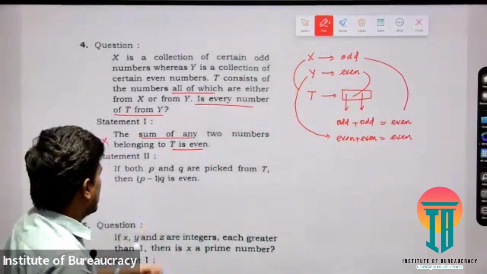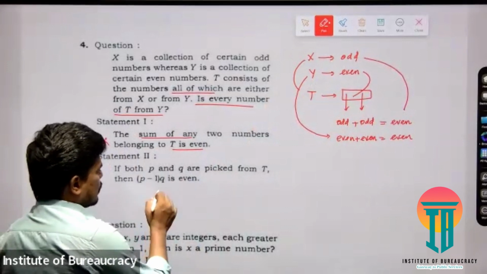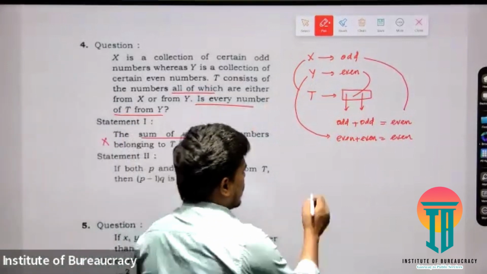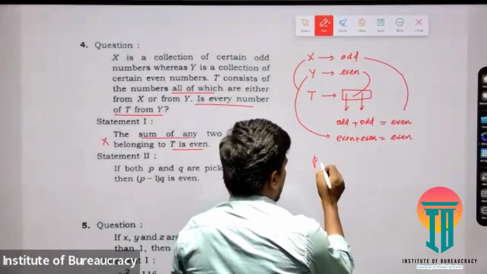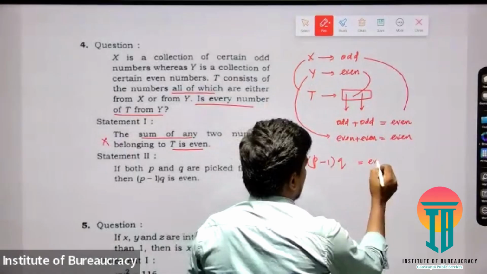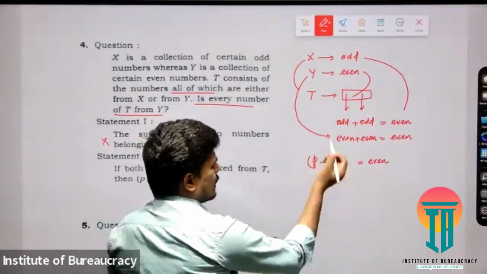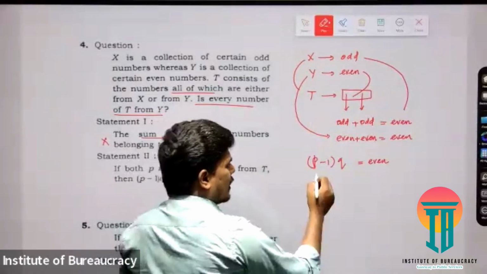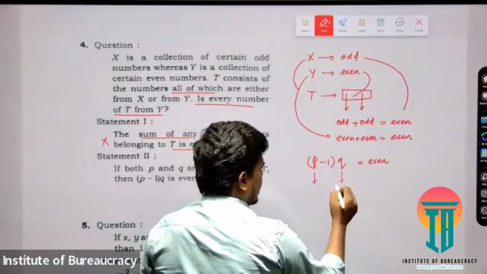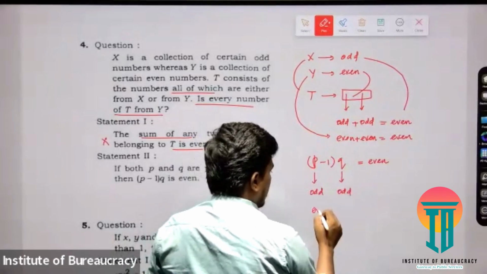Now you take the second statement. If both P and Q are picked from T, then (P minus 1) times Q is even. Again, P and Q are taken from T. Both can be odd or both can be even.